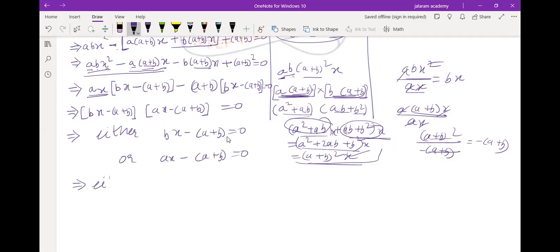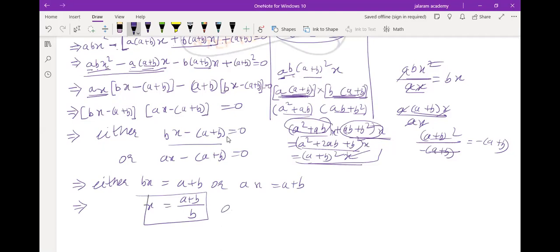It implies either bx equals a plus b or ax equals a plus b. It implies x equals (a plus b) upon b, or x equals (a plus b) upon a.